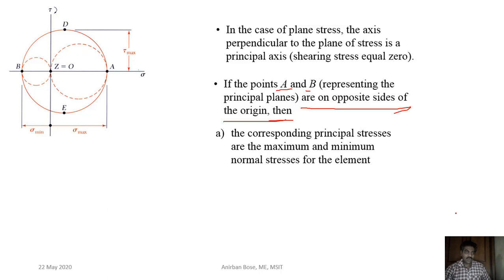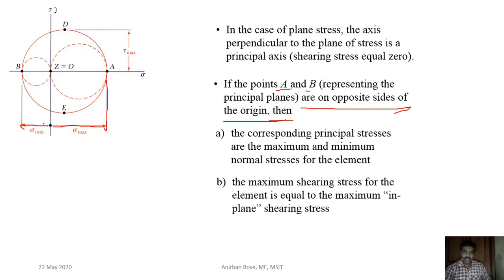So you can find that the maximum normal stress will be this one, and the minimum normal stress will be this one, and the maximum shear stress for the element is equal to the in-plane shear stress, because if AB is the element, then you can see the maximum shear stress will be of that element.